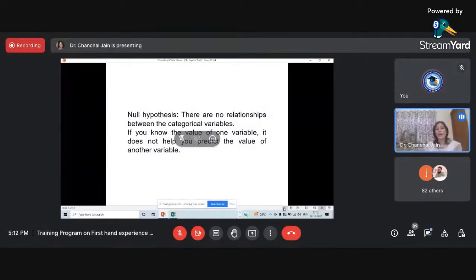So the null hypothesis for the chi-square test we can make as: there is no relationship between two categorical variables, or there is no association between two categorical variables. So if you know the value of one variable, it does not help you to predict the value of another variable.